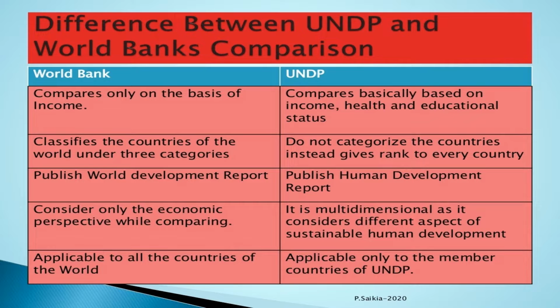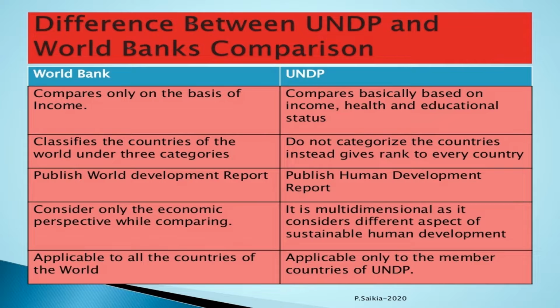It classifies countries of the world under three categories, as we saw last time. Which were the three categories? The rich and the developed countries, the middle income countries, and the developing countries or the underdeveloped countries. The middle income countries were your developing ones, but the last one was your underdeveloped countries.